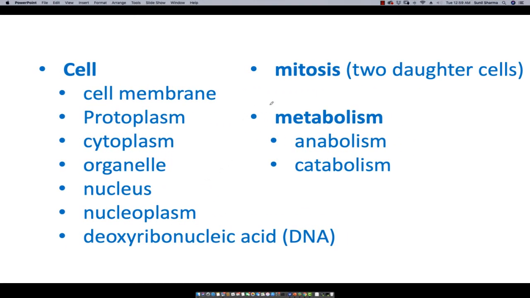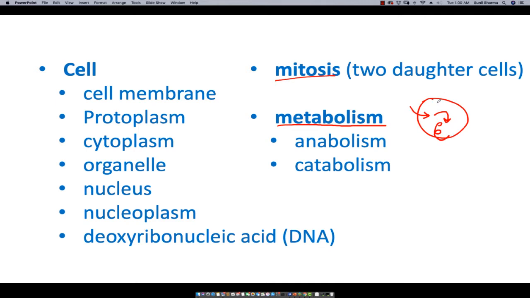Then we look at, after our mitosis, after cell division, we shift into metabolism. Metabolism is a way for a cell to receive food and convert it into energy. So if I can put E for energy, that's the basic concept.